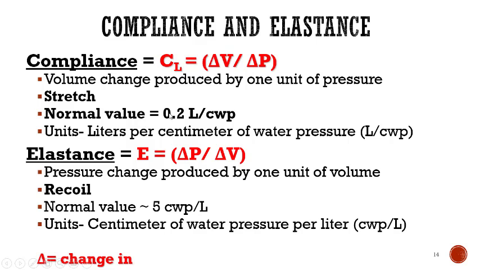So don't worry about the normal values. I will not be testing you on them. I can't honestly think of very many scenarios where the normal values would come up in this way. So for this slide, just know the basic definitions of compliance and elastance, and the part that's in red. I can't think of why you would need to memorize the normal values.